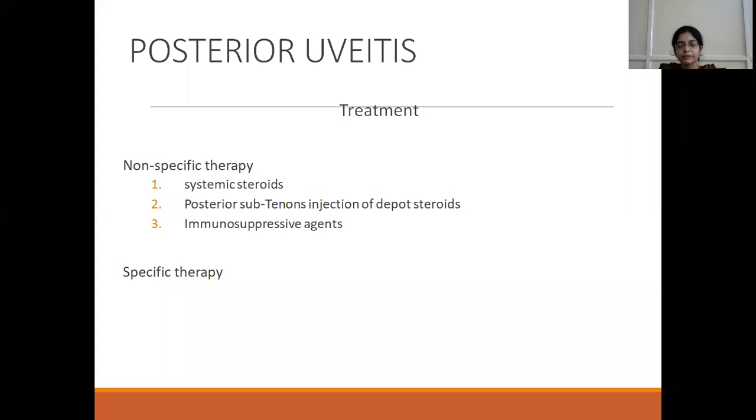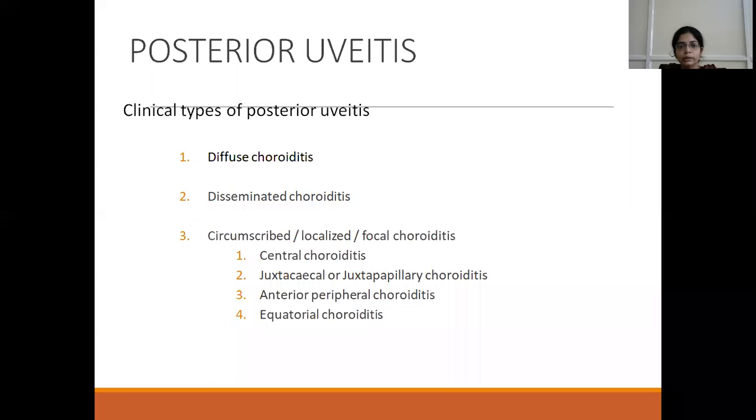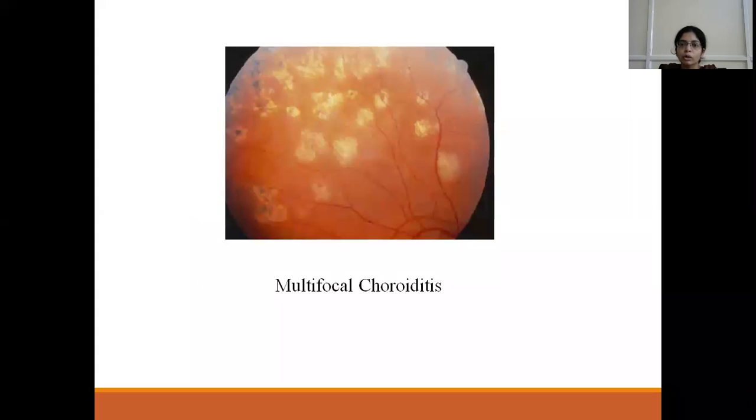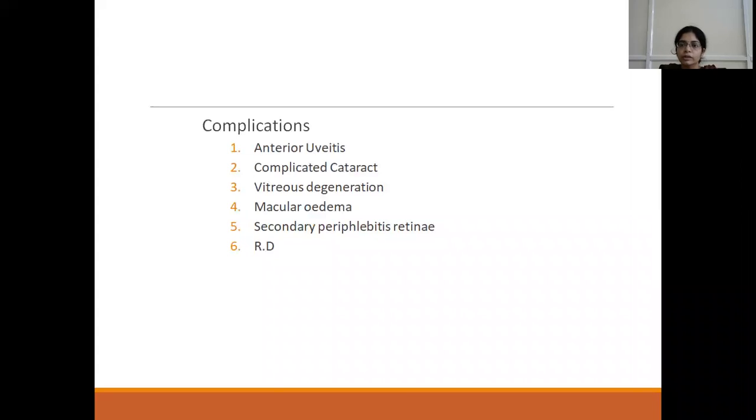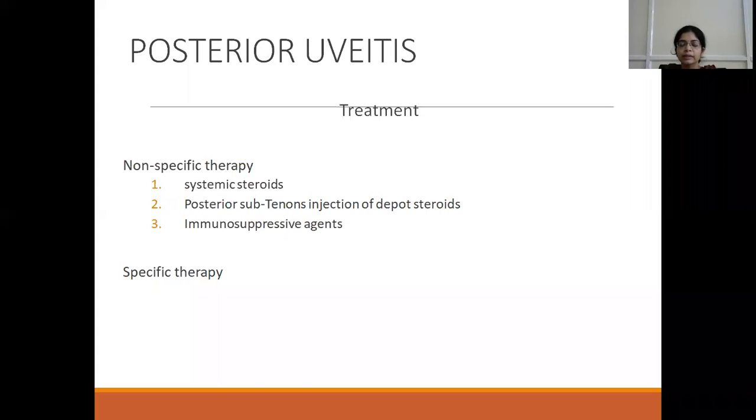Now, what is the specific therapy? Specific therapy is again very cause oriented. Now, for all these posterior uveitis, the most common causes to look for are tuberculosis, syphilis, leprosy, and other causes. So for any specific therapy, you'll try to look out for any infectious agent and also try to correlate it with other systemic features.